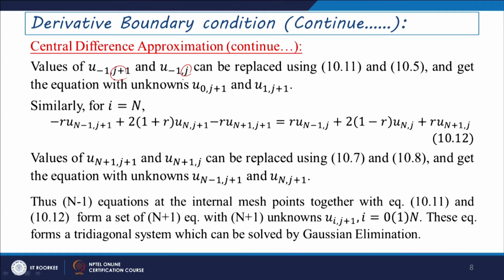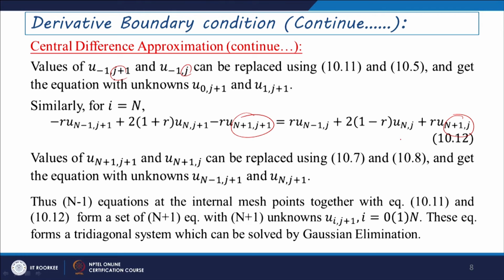if you use this equation for the unknowns u_0^(j+1) and u_1^(j+1), we can obtain the values there. Similarly, for i equals n, if we go for the Crank-Nicolson scheme, then we can obtain this fictitious boundary in the form of u_(n+1)^(j+1), and this last one will also give you u_(n+1)^j.